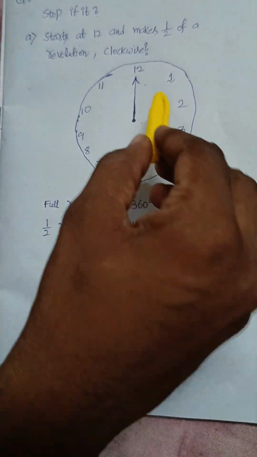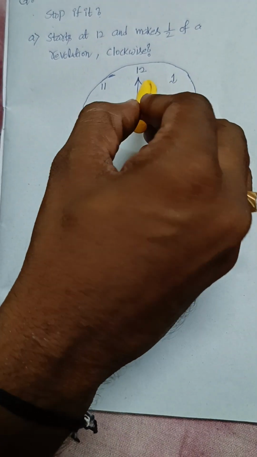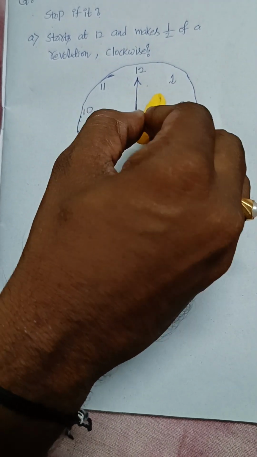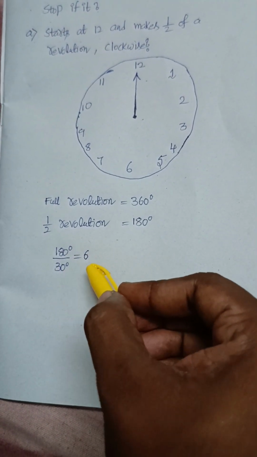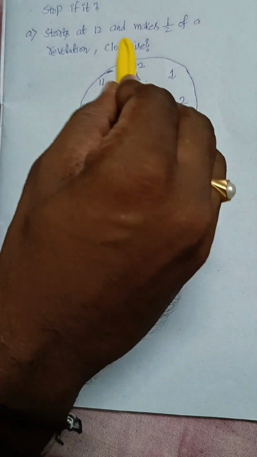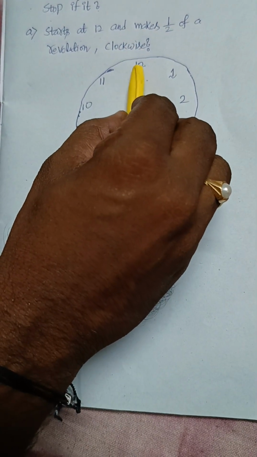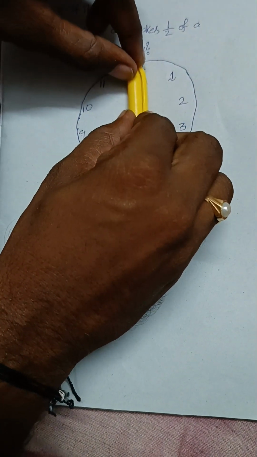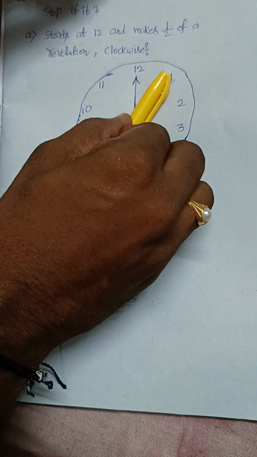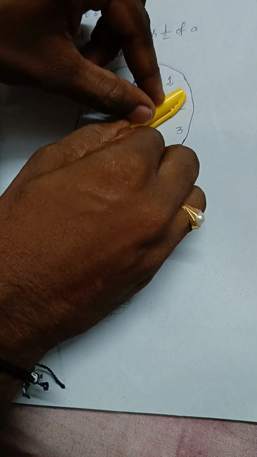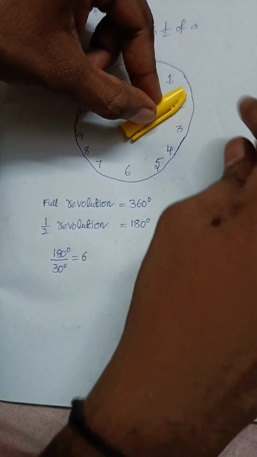Now, for each hour, there will be a rotation of 30 degrees. If you divide 180 by 30, you will get 6. Means it must rotate up to 6 hours. So if initially it is at 12, it moved to 1, so it completes 30 degrees. Then it moves to 2, so that it will complete 60 degrees.